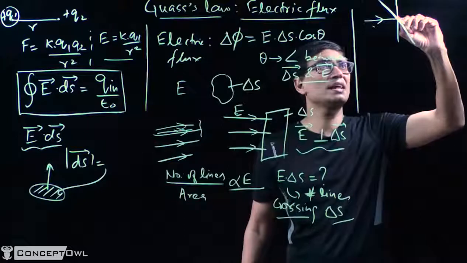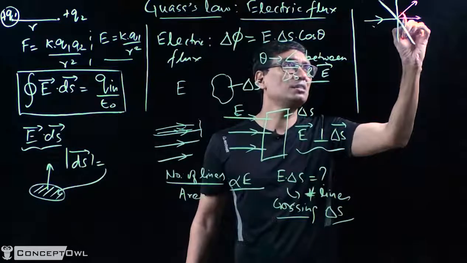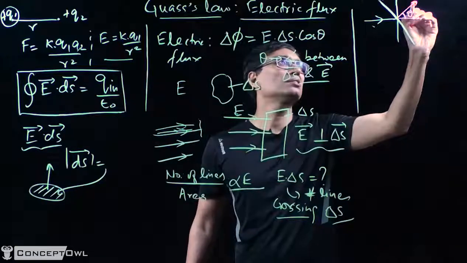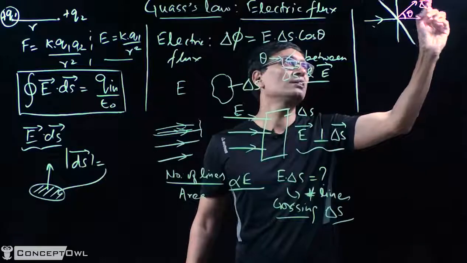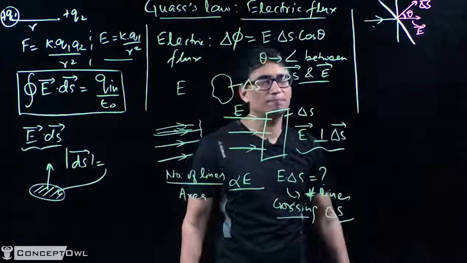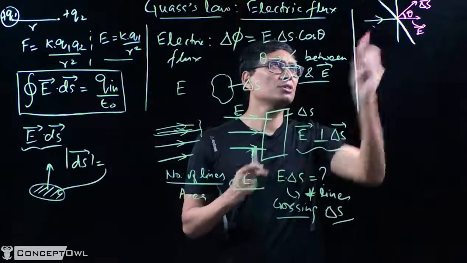Now the area has got this direction. The electric field still has the same direction. So now this theta is the angle between the electric field and the area. This is my delta S vector, and this is my electric field vector, and theta is the angle between them. Now, as you can visualize, the number of lines crossing this would have gone down.